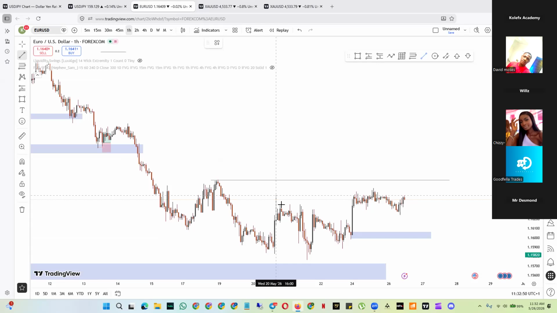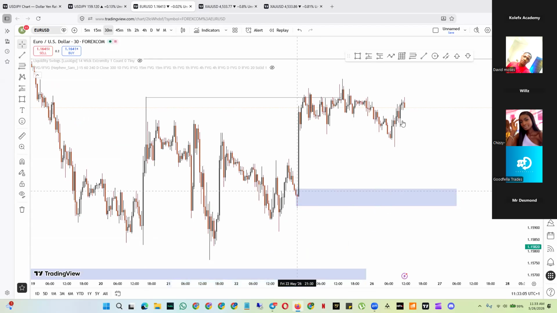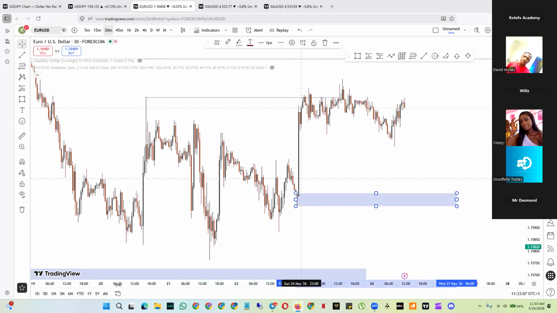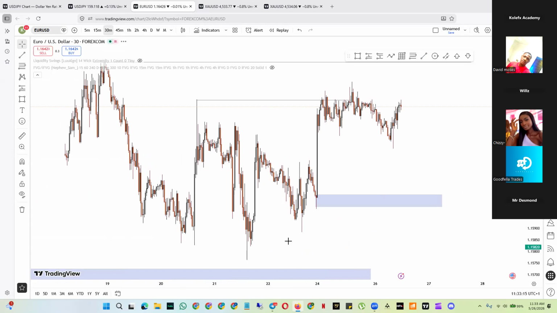Price took out this high. On the 1 hour time frame, this is not a proper high yet, it's a failed high. But on 30 minutes or 15 minutes, it's a valid high, which made this other block around here a valid zone to buy from for a continuation of a buy, just like what Mr. Banks said. So I totally agree with that.